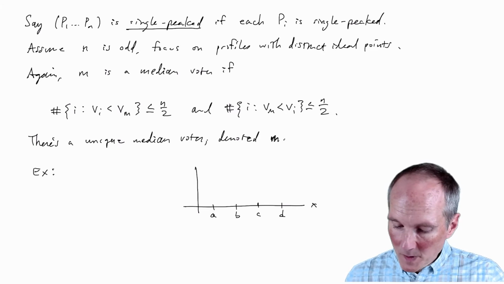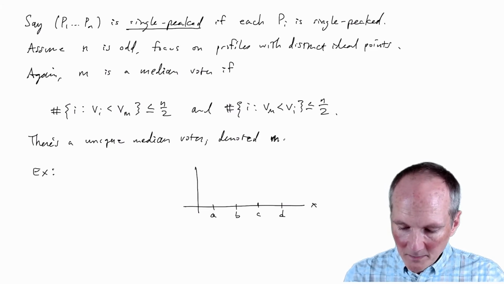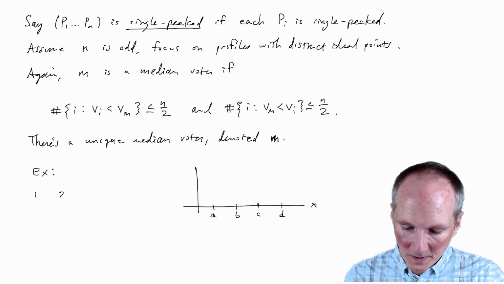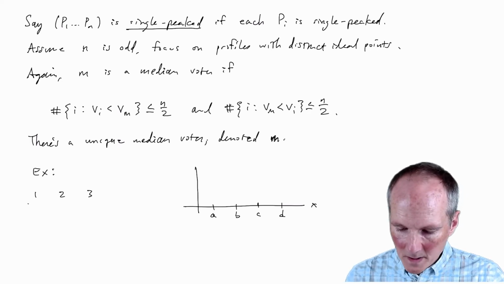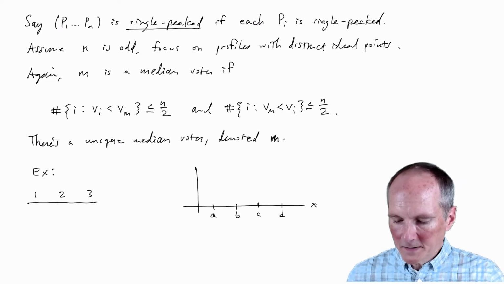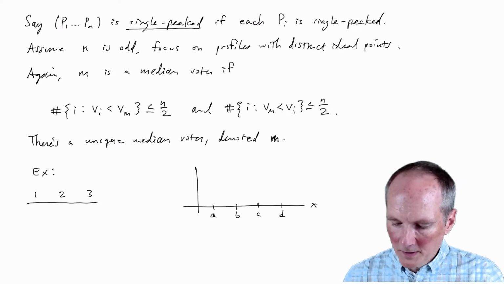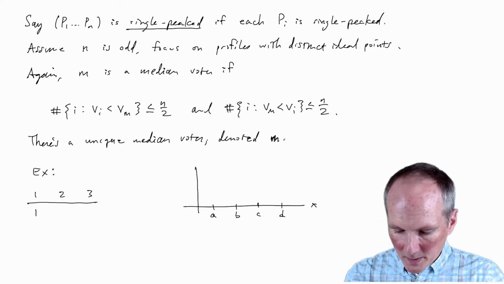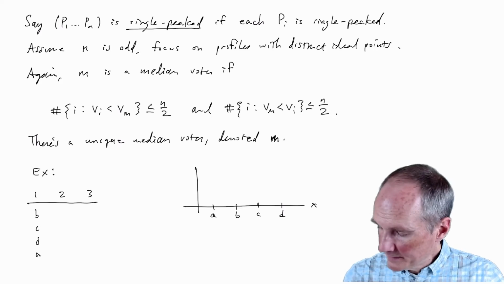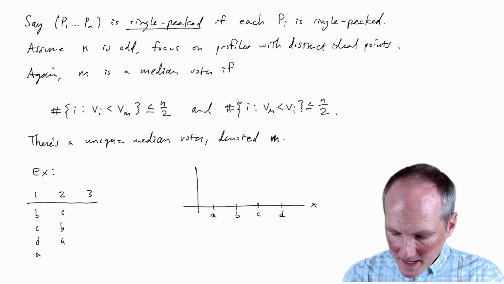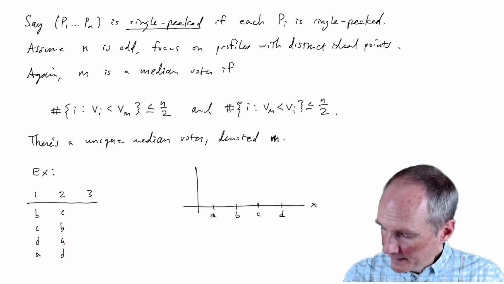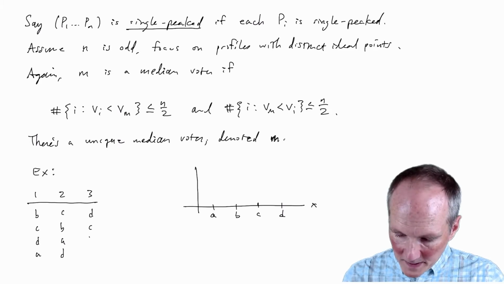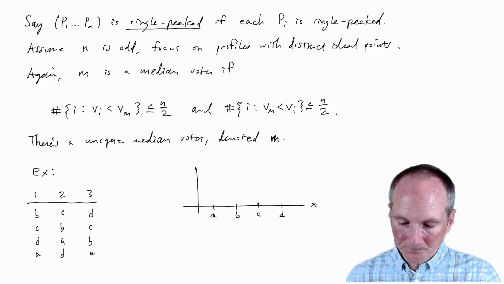And I'm going to think about 3 voters, 1, 2, and 3. And their rankings of these 4 alternatives are going to be the following. So I have B, C, D, and A. I have C, B, A, and D. And I have D, C, B, and A.